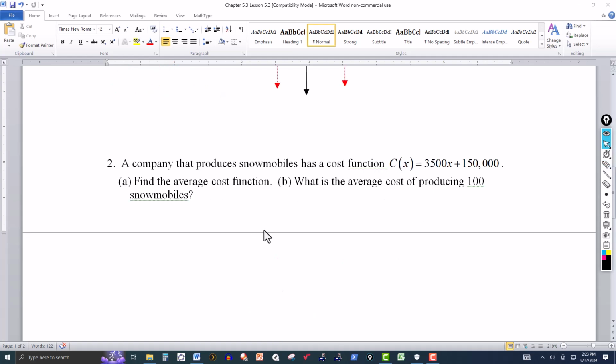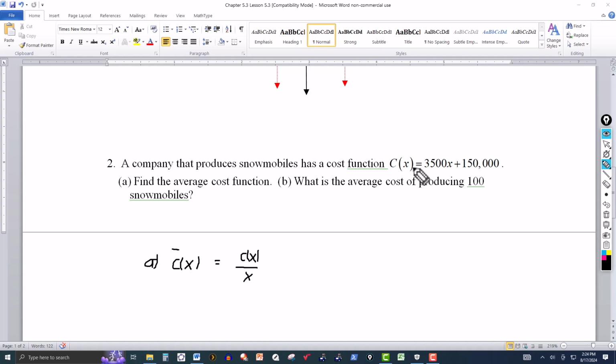And then we have one application here. A company that produces snowmobiles has a cost function, C of x. Part A: find the average cost function. C is a cost function, and C bar is the way we define the average cost function. This is simply defined by the cost divided by the number of units, in this case x.